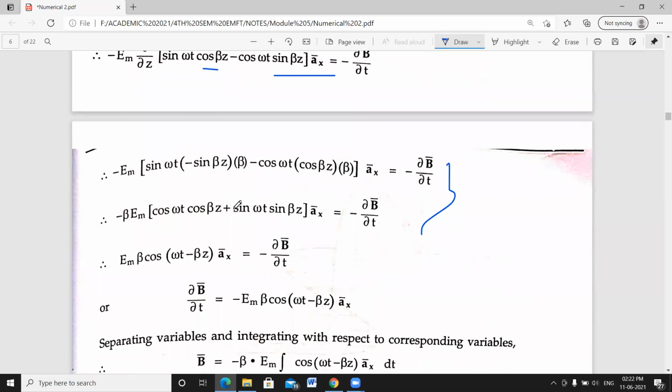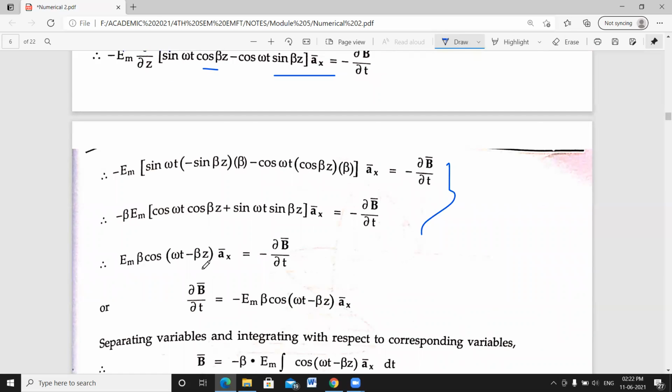Then simplifying, minus β Em with the cos term and this minus term, equal to minus ∂B/∂t. The minus and minus cancel. Em β cos(ωt − βz); this is the cos(A − B) equation.